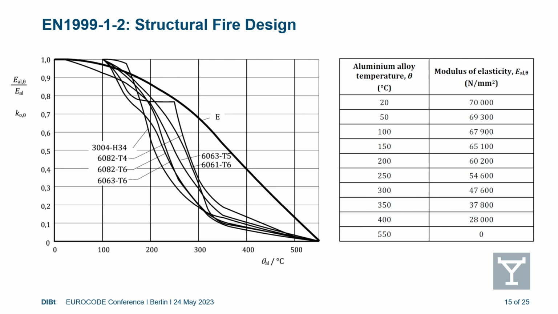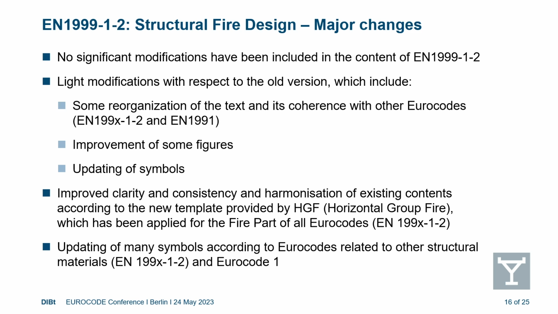The fire part has had just light modification with respect to the old version, including the reorganization of the text and its coherence with other Eurocodes, improvement of figures and symbols, improvement of clarity and consistency, and harmonization of the contents with other parts, in particular thanks to the cooperation with the horizontal group fire, which led to a better harmonization of the contents of the code.